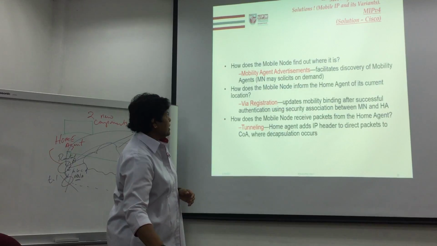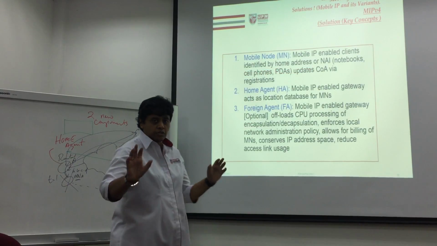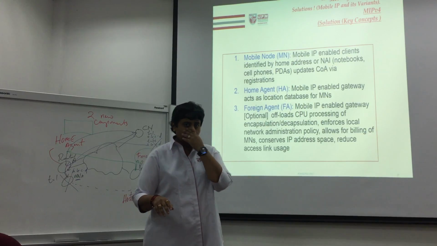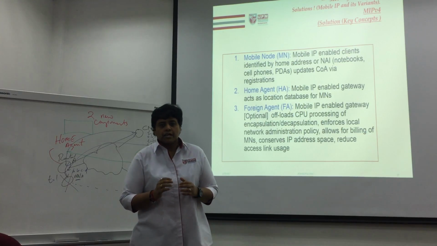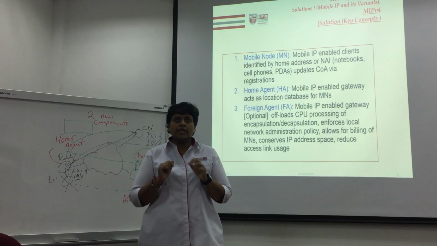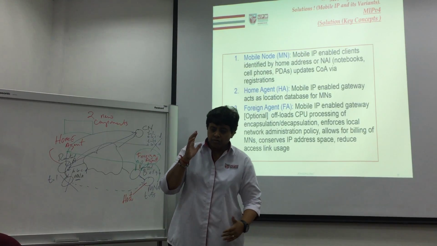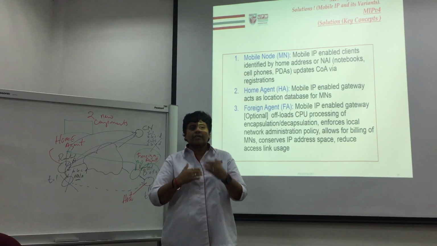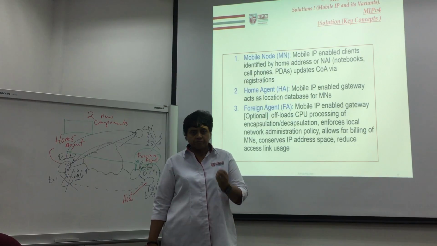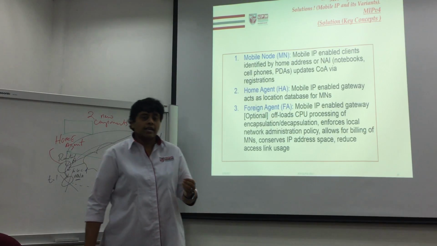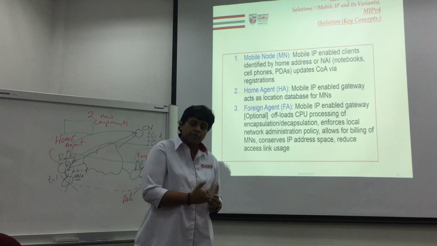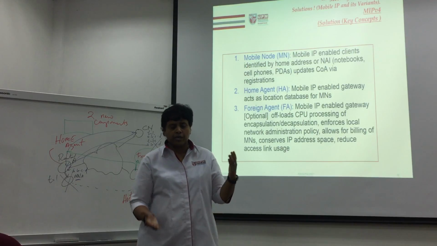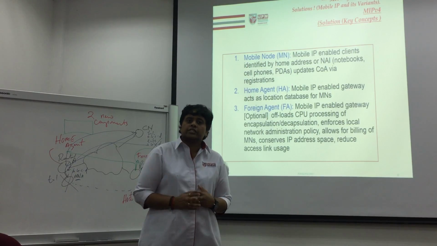Now looking at this, I would just want you to sit down for a moment, and I'm hoping that you can picture in your mind exactly the type of signaling. When you look at this entire process, think for a moment about what kind of signaling the mobile nodes actually undergo, and how the signaling between the mobile node and these other components, foreign agent, home agent, gateway, and so on, goes through.